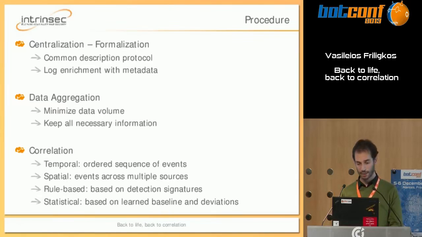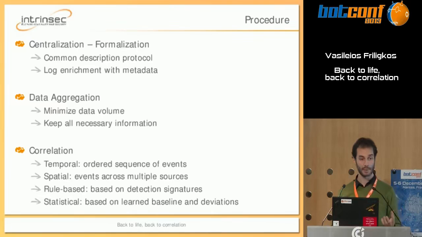Once we do that, there is a need for data aggregation. We cannot treat all the data we receive. We have to aggregate and keep the essential information. We have to keep what's important and discard the rest in order to be able to apply rules of correlation. These can be either temporal, meaning a sequential order of events: first A, then B. Or spatial, which means we correlate between different sources of events.